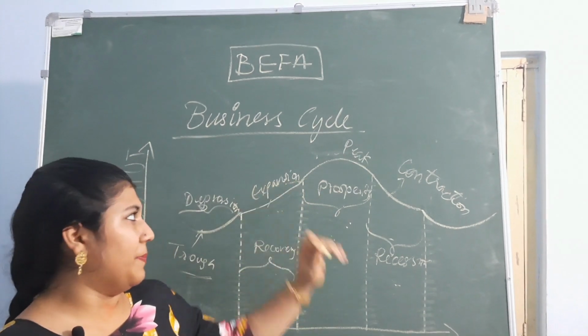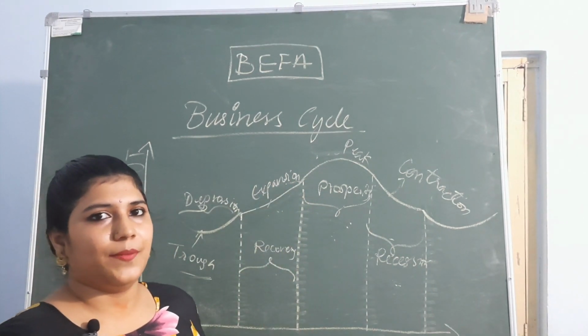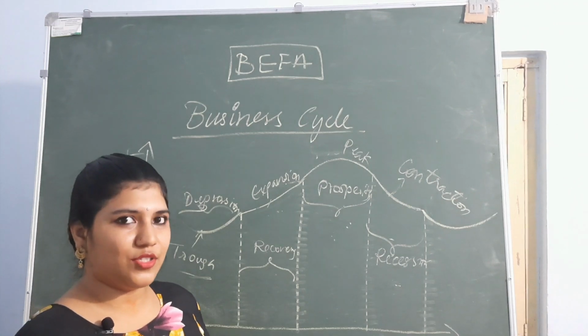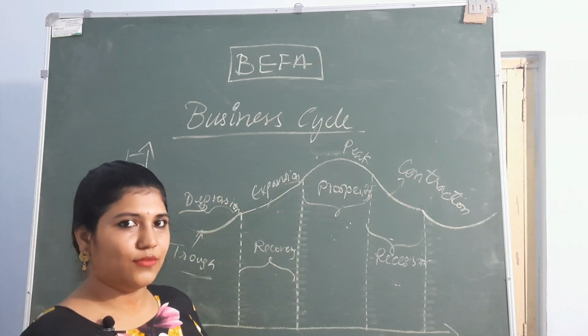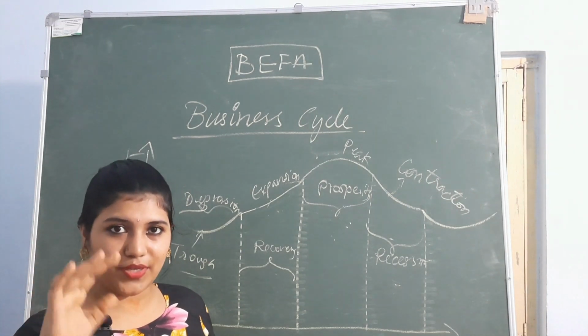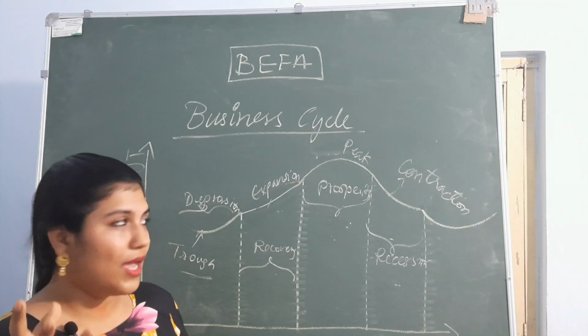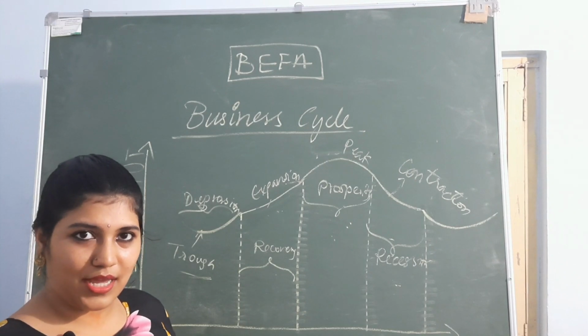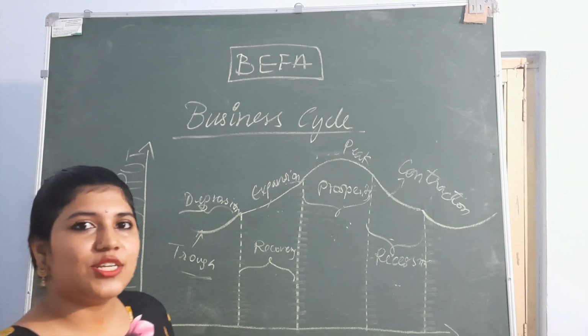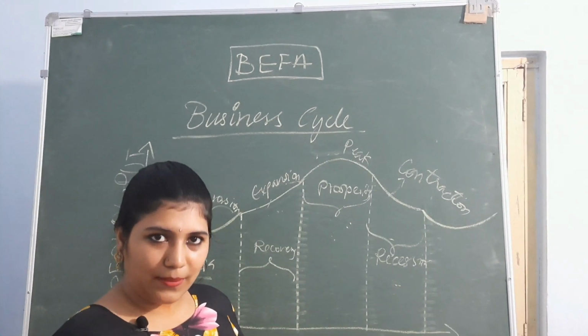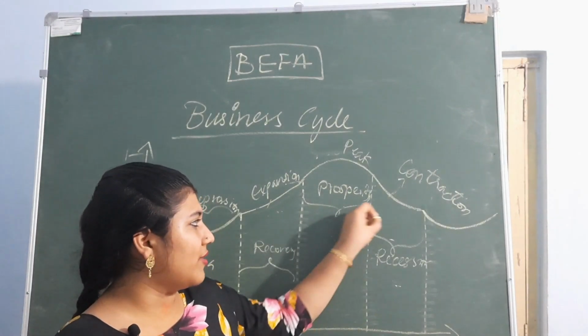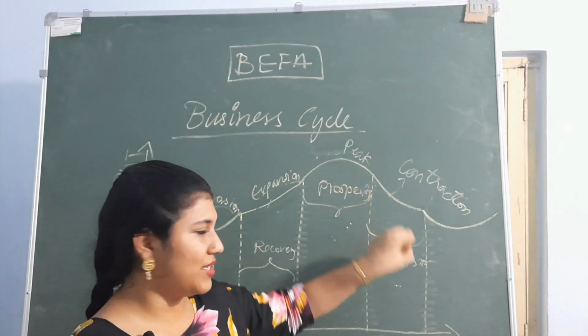Then when it is in the peak stage, what will happen? The wages will slightly fall, and the prices will increase when you have good demand. Then when the prices rise, what will happen? The purchasing power of the people will come down, and because of that, it results in the recession stage.